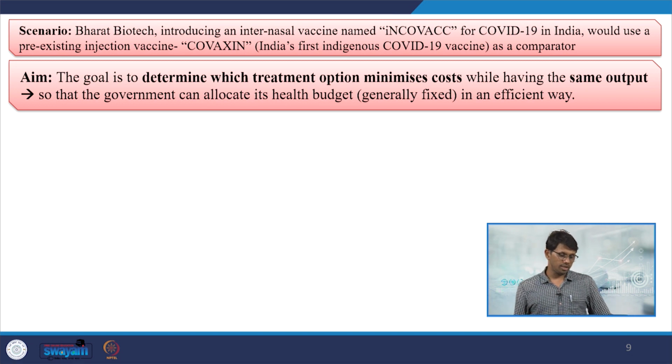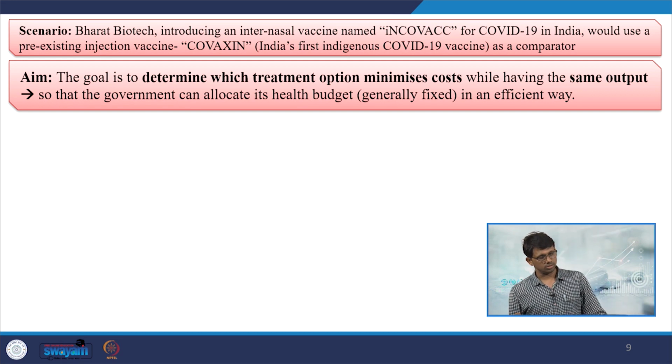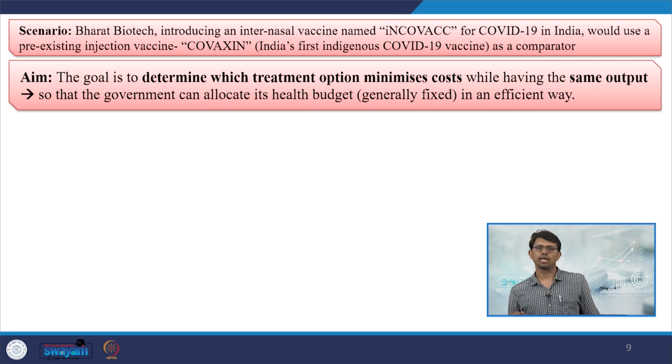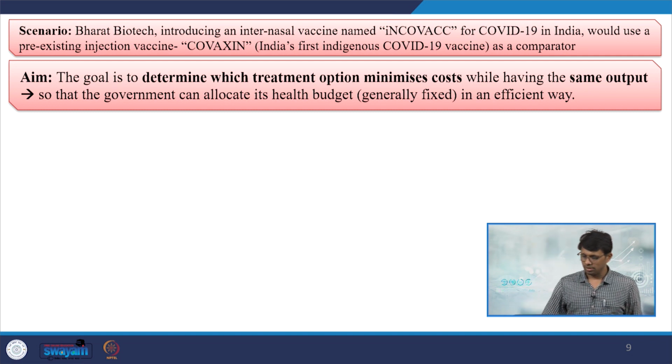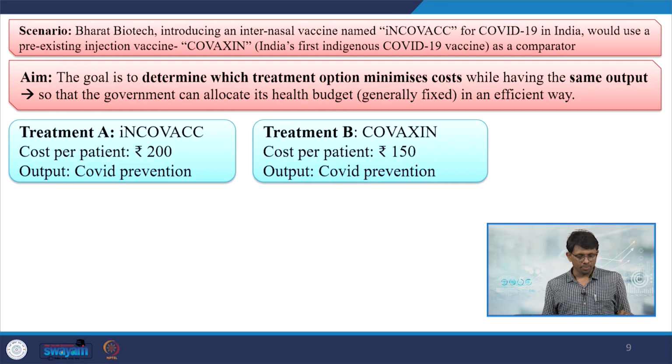So the government's purpose was to minimize the cost, and the approach was to allocate the health budget, which is generally considered fixed, with a target of efficiency. So it is important.